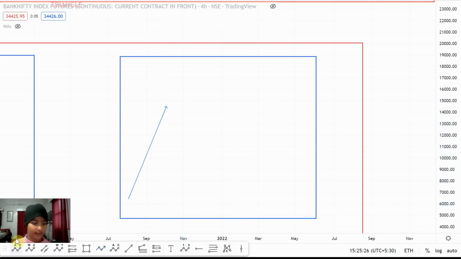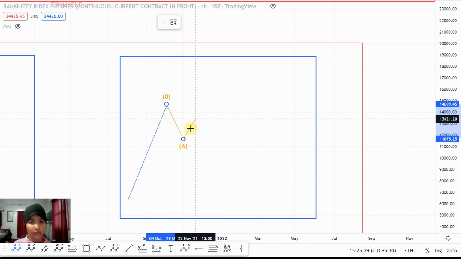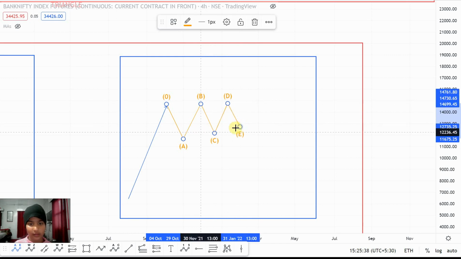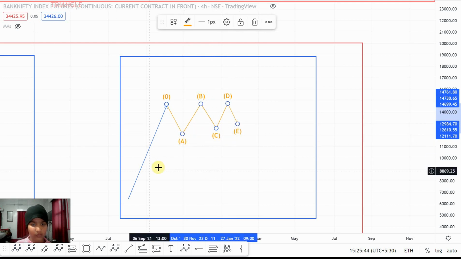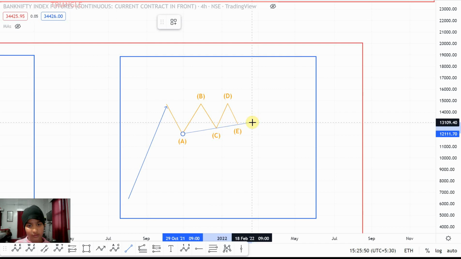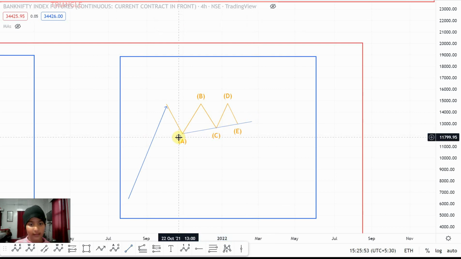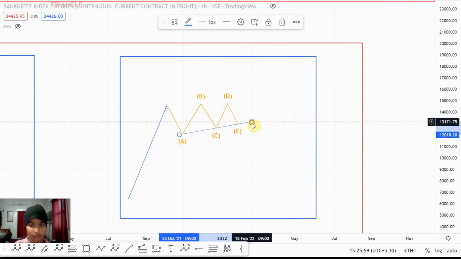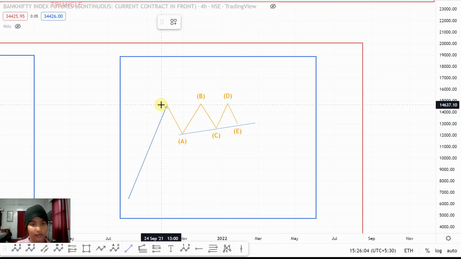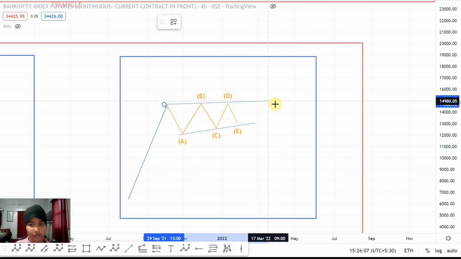The second triangle is again A, B, C, D and E. Like that, and I'll just put a trend line like this.